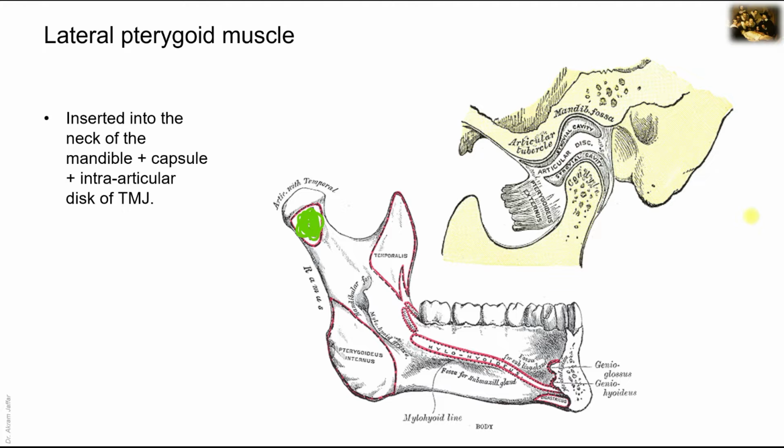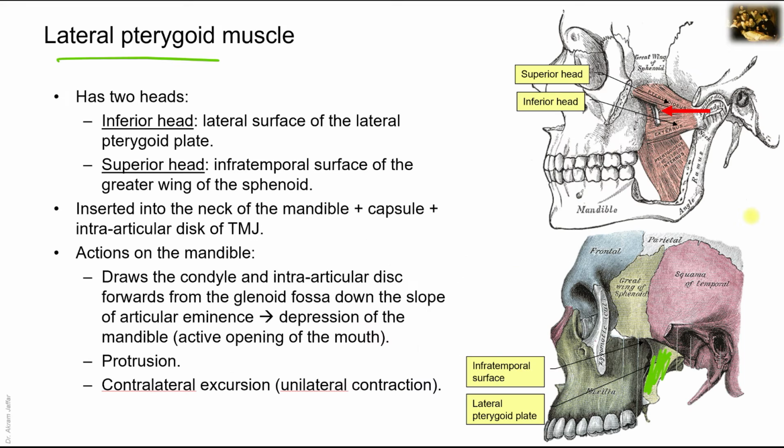There's a small depression here at the neck of the mandible, but it is also attached to the capsule of the temporomandibular joint, and in fact some of the fibers pass into the joint and are attached to the intra-articular disc, and they can pull forward on the intra-articular disc. This is the direction of pull of the muscle.